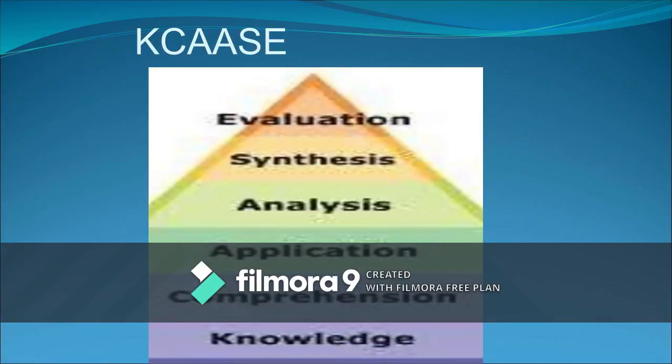Bloom's taxonomy summarizes this range of skills tested with the acronym K.C.A.A.S.E. K for knowledge, C for comprehension, A for application, A for analysis, S for synthesis, and E for evaluation.